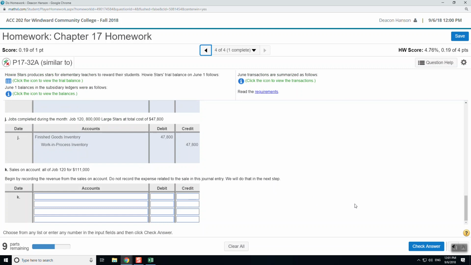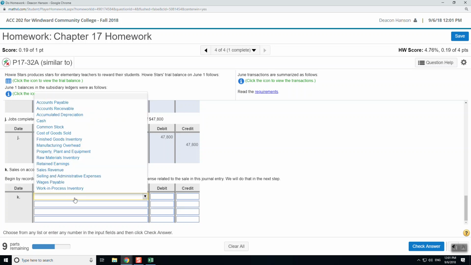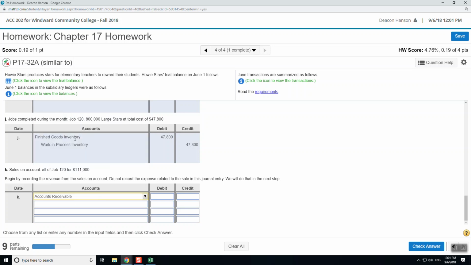Job 120 was sold for 111,000 on account. So if you remember, on account means that our customer hasn't paid us yet. We have an accounts receivable of 111,000. Okay. And then what do we have? When we sell something, we have revenue, right? What do you have to be making to be in business?